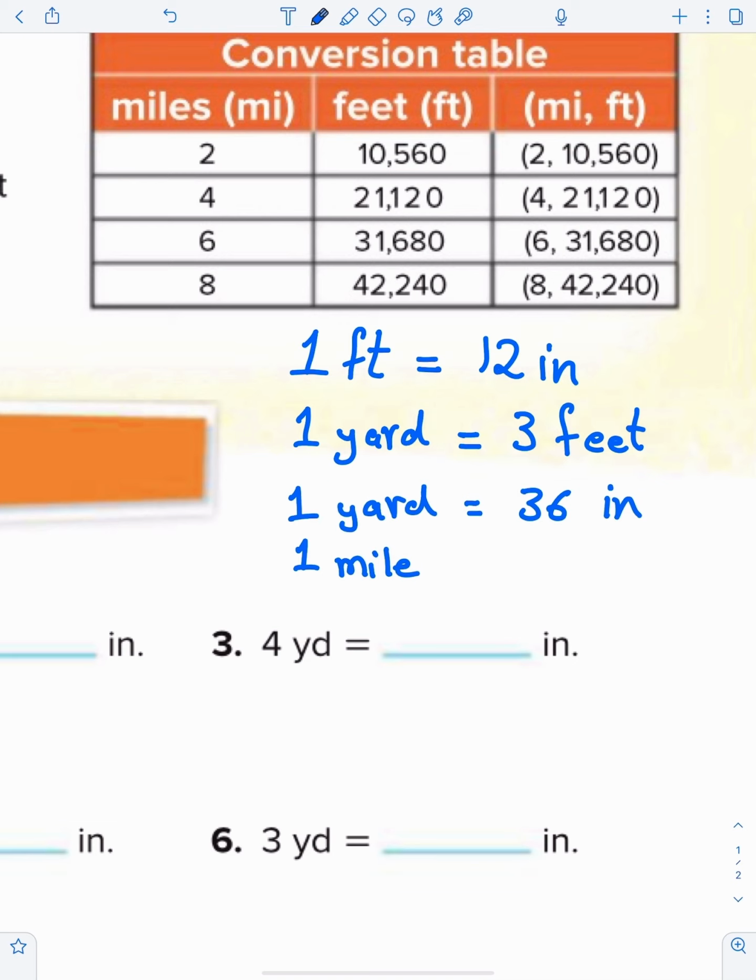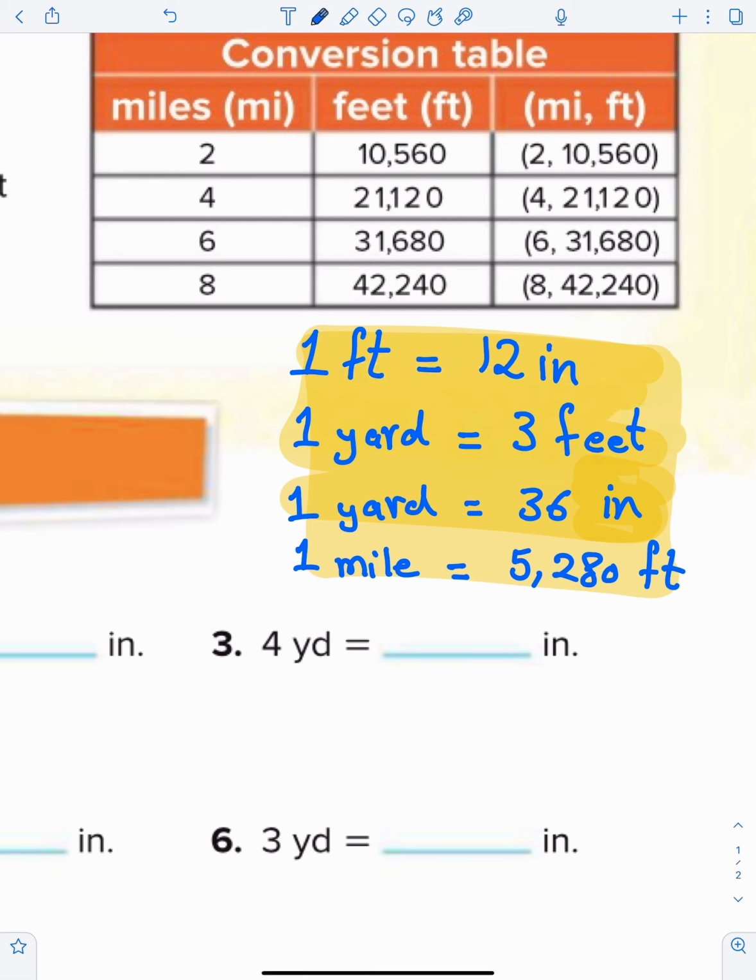The 1 mile is equal to 5,280 feet. So these 4 numbers, especially the first 3, the mile is fine, the number is kind of a long number, but these first 3, we call them conversion factors. You need to know them and remember them all the time.